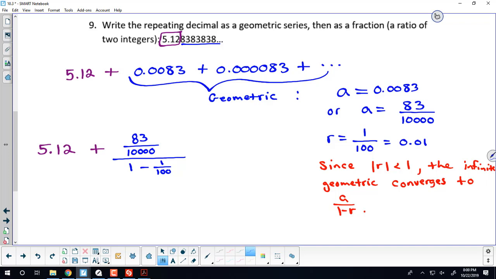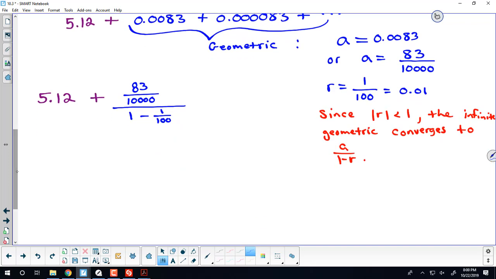So we want to express the whole thing as a fraction. We want to deal with the 5.12 separately from our sum here in blue. But for the sum in blue, what we'll do is multiply top and bottom by 10,000. I'll just write it here. So we get 83 over 10,000 minus 100.